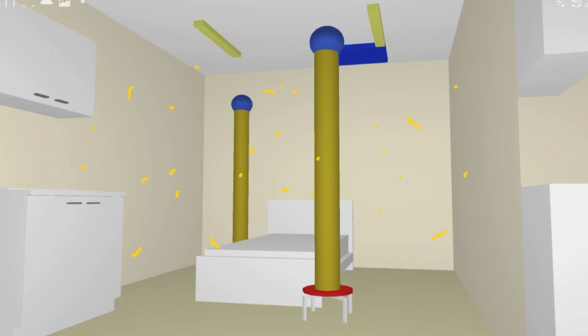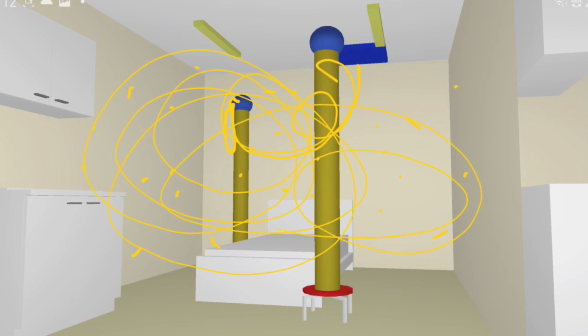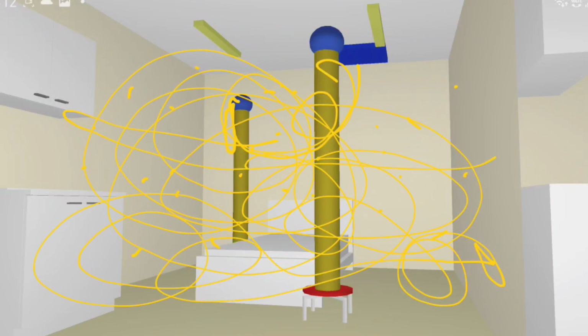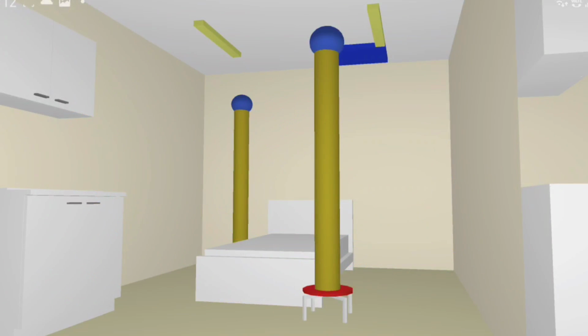This is one of the problems. If you have just a conventional system that blows the air in, the turbulence makes it all mix, and it slowly drops, but some fraction of that is going to stay in the air all the time.